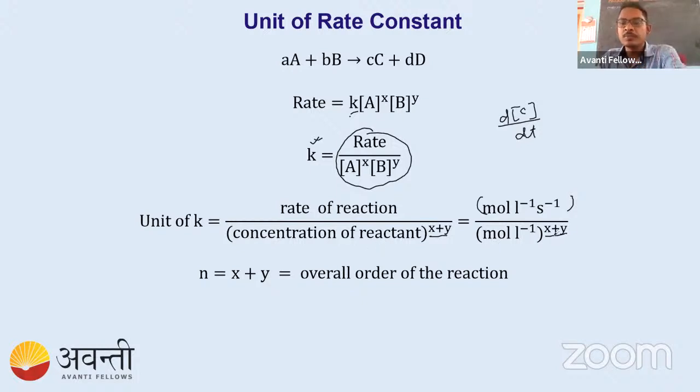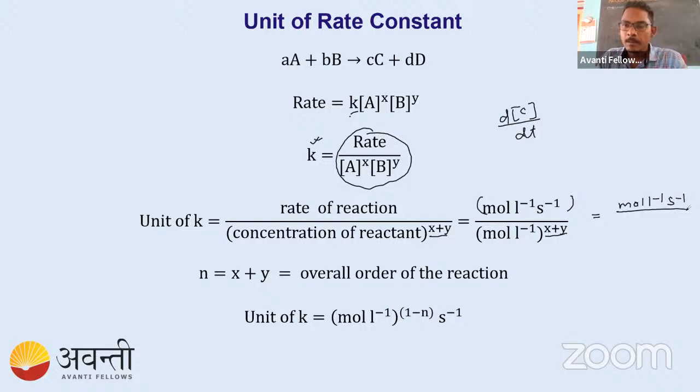Everyone understood this? So if we rearrange, we can write mole per liter per second divided by mole per liter to the power N. Now you can see both in the numerator and denominator we have mole per liter.